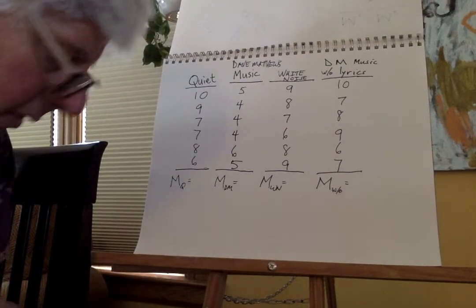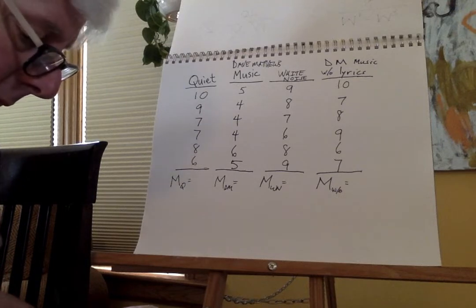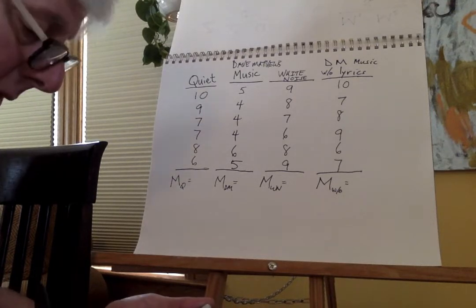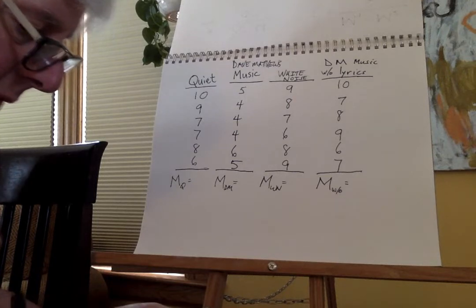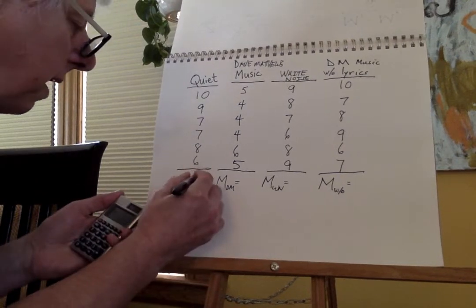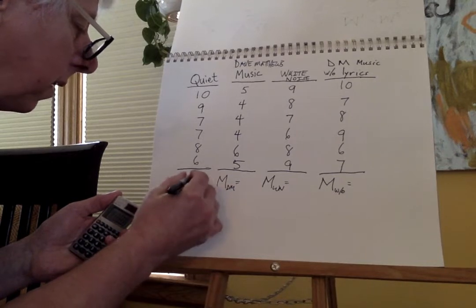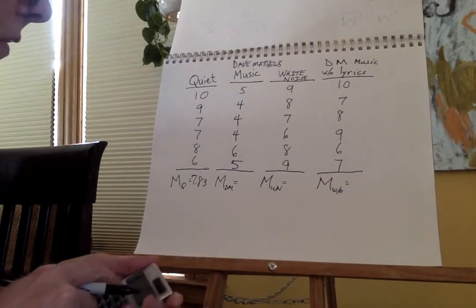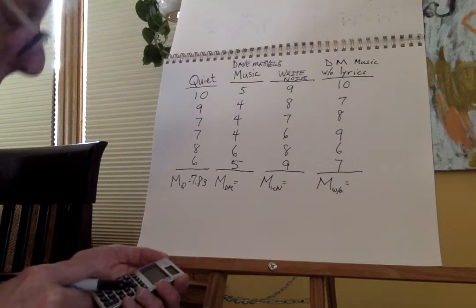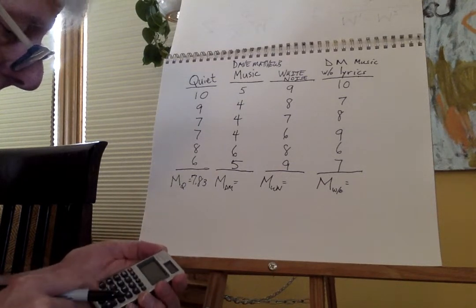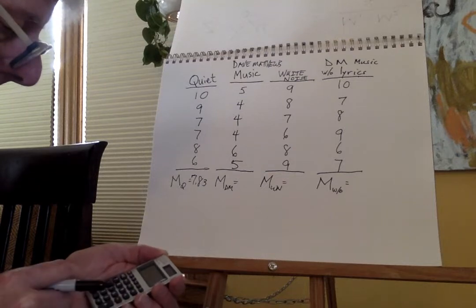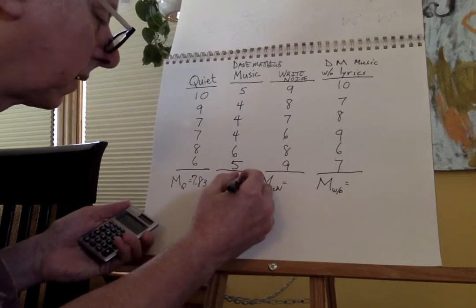Can we quick do this? So 19 plus 14 plus 14 equals, divided by 6 equals. So this is 7.83, okay? And for the Dave Matthews group, it's 9 plus 8 plus 11 equals, divided by 6, 4.67.